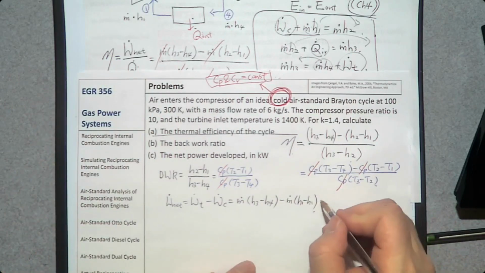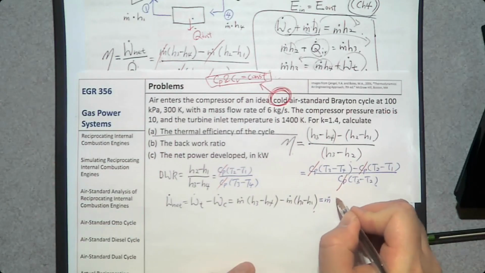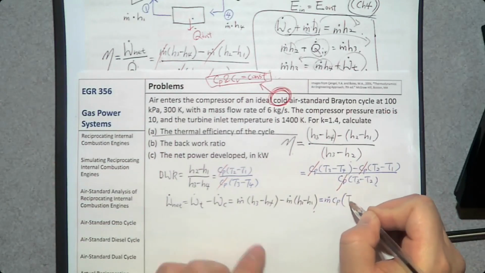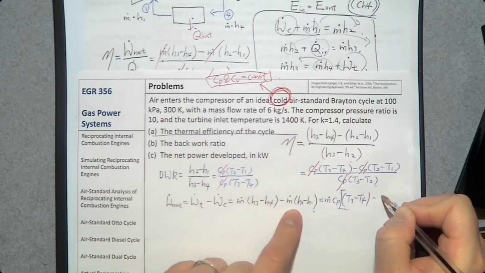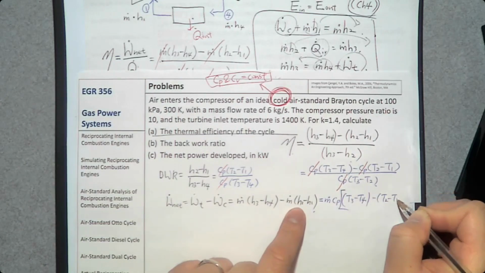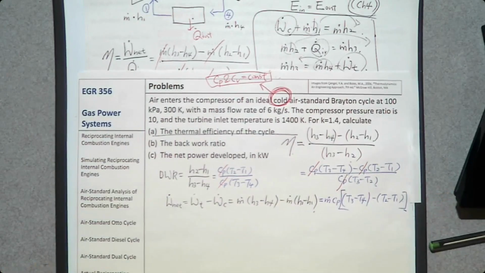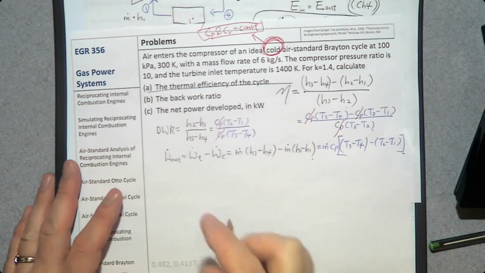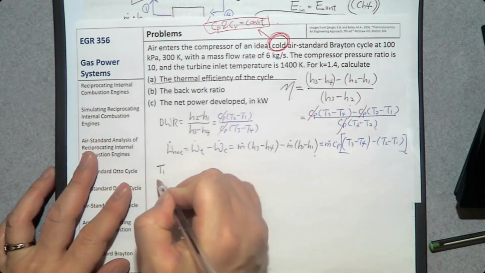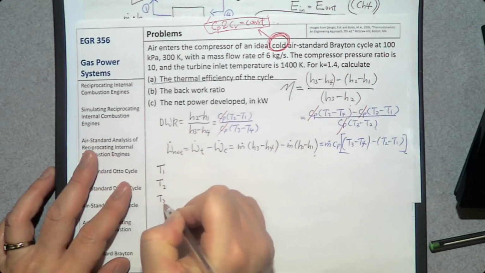No, we can use a specific heat. m dot specific heat (T3 minus T4) minus (T2 minus T1). Okay? So what do we need to find? h1, h2, h3, h4? Not anymore. We just need to find T1, T2, T3, and T4.